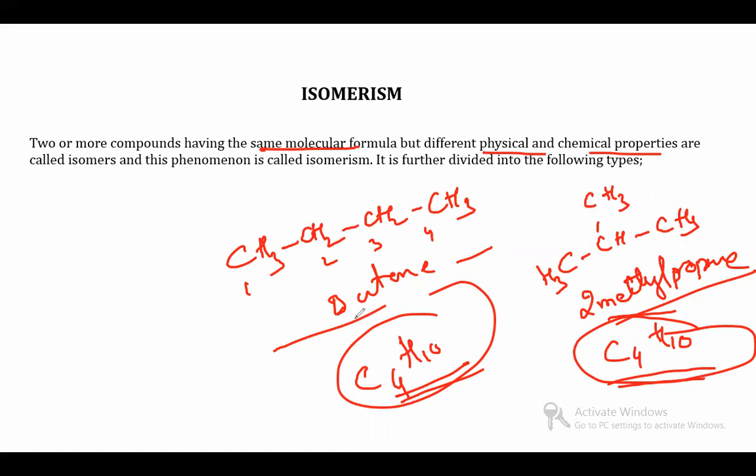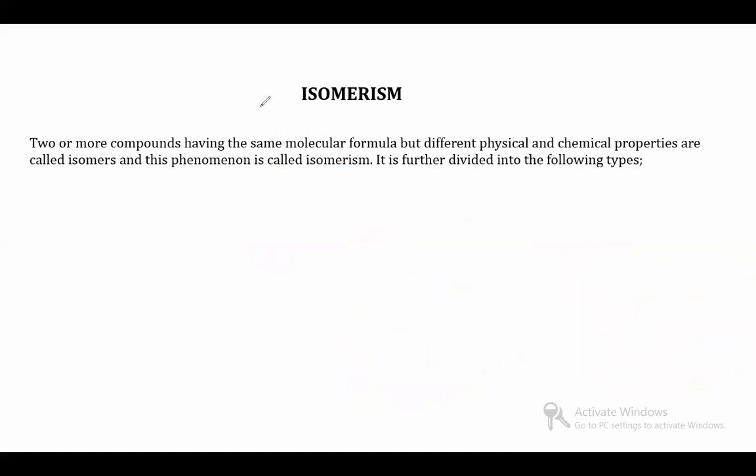Between butane and 2-methyl propane there is a huge difference in physical and chemical properties. But these compounds have the same molecular formula, but different structural formula: different structure, different position, different functional group. Based on that we separate them. Compounds having the same molecular formula but differing in their physical and chemical properties are called isomers.